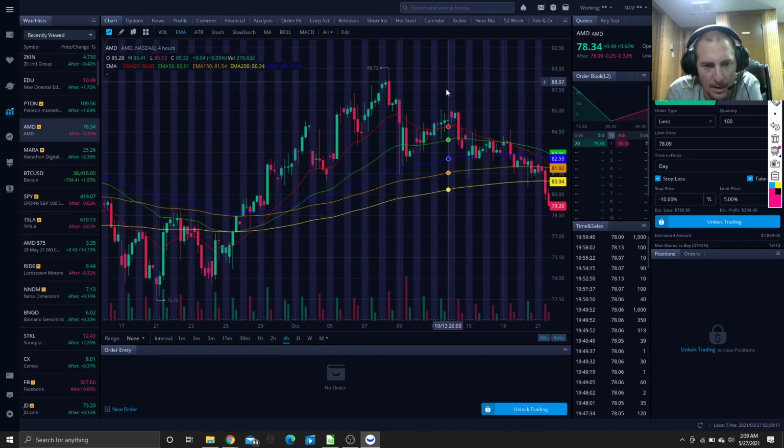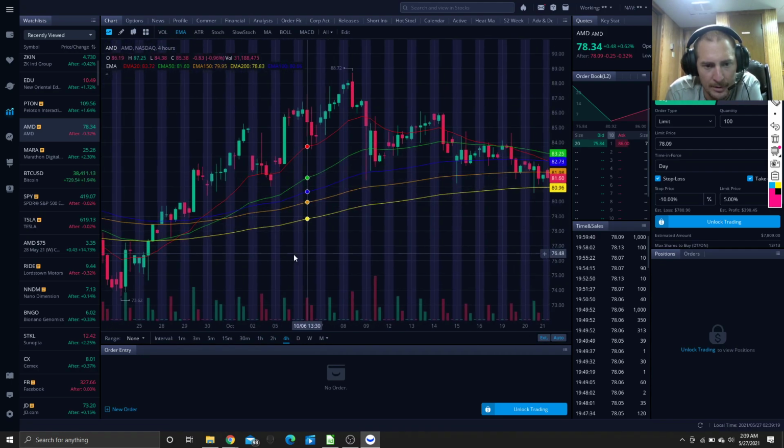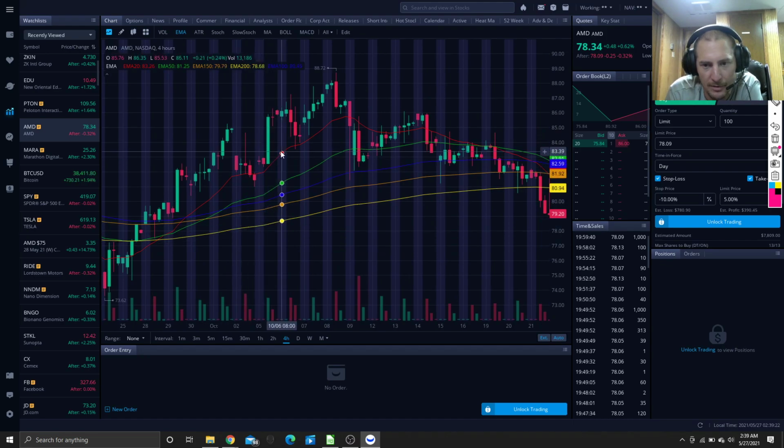This is an uptrend. All of your moving averages are lined up. And as you can see, price bounces off of the 100 here, bounces off the 150 here. And then as this 20-day moving average starts to cross below here, you notice your trend starts to change.